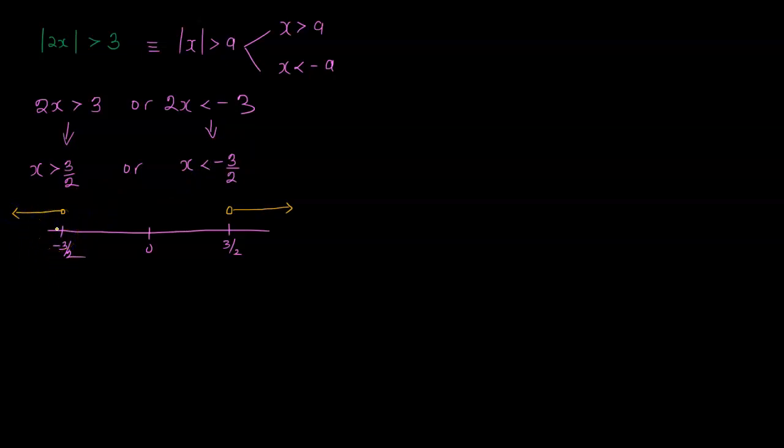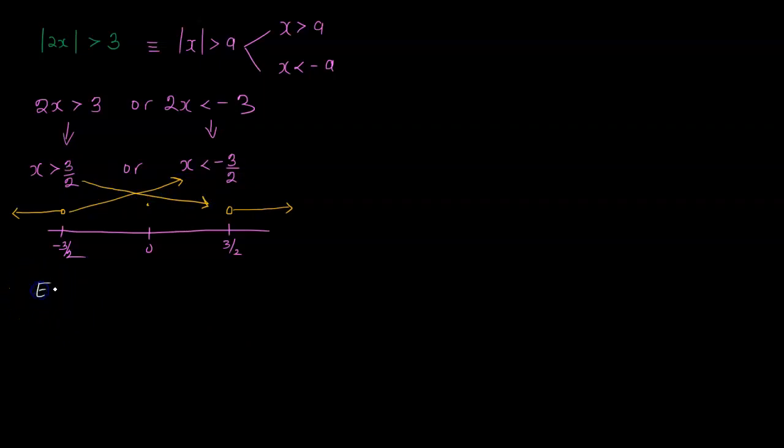And as usual, using our ruler metaphor, we would find that if the ruler is here, all of the numbers between 0 and 3 over 2 are less than 3 over 2. So we can see that the numbers to the right form a part of the solution. And also, the numbers to the left of negative 3 over 2 are all less than negative 3 over 2. So this is this, and this is this.